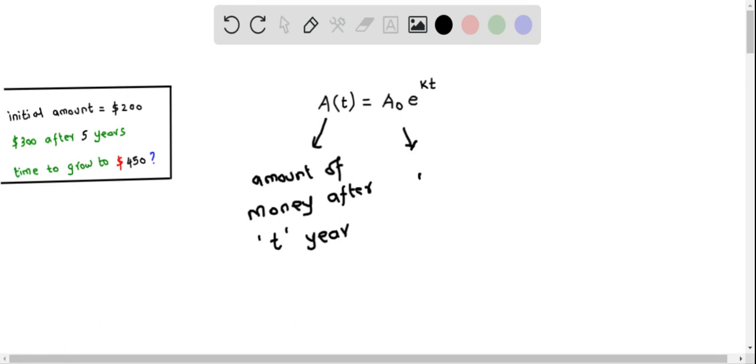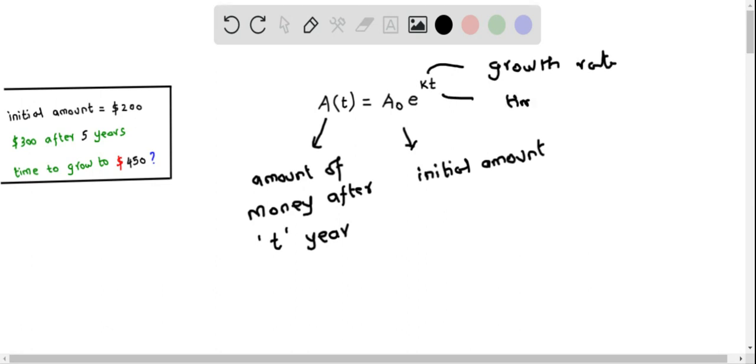A naught represents the initial amount of money in the account, and this k represents the growth rate, and this t represents the time in years.